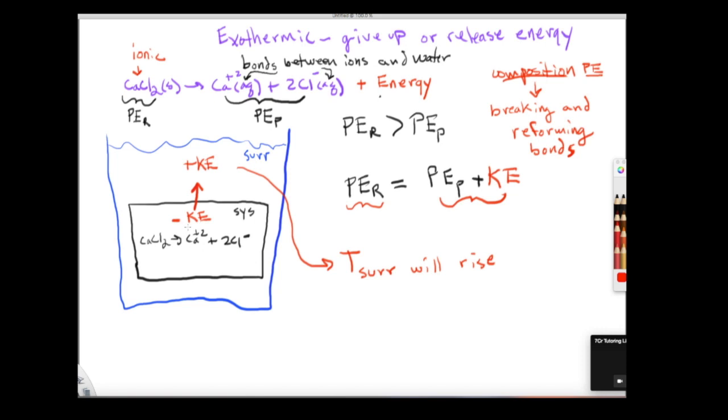But then you're going to add the calcium chloride in there and mix it up. And the calcium chloride is going to dissolve. And when it does, energy is going to be released from the system and enter the surroundings, and you're going to feel that glass of water heat up. It's going to get hot. You're going to go, wow, this is getting hot. And the reason that's happening is because the reaction is releasing kinetic energy, which is entering the surroundings, and the temperature of the water is going to rise.